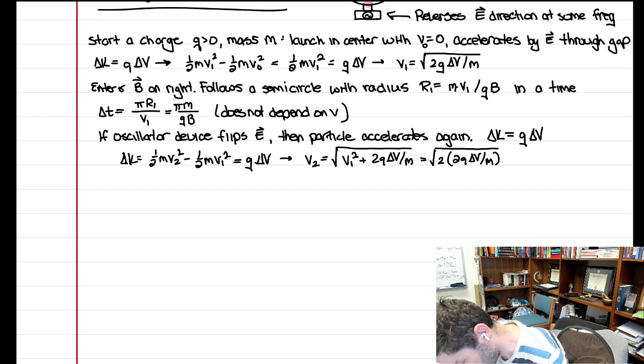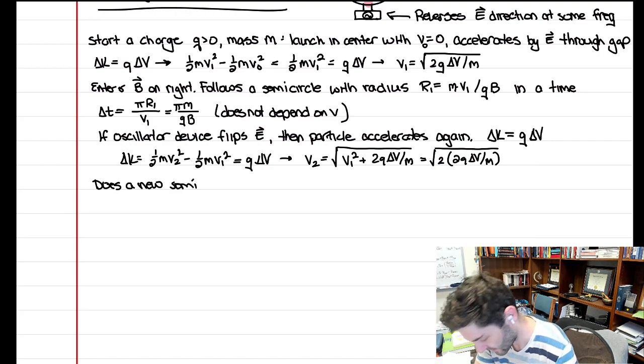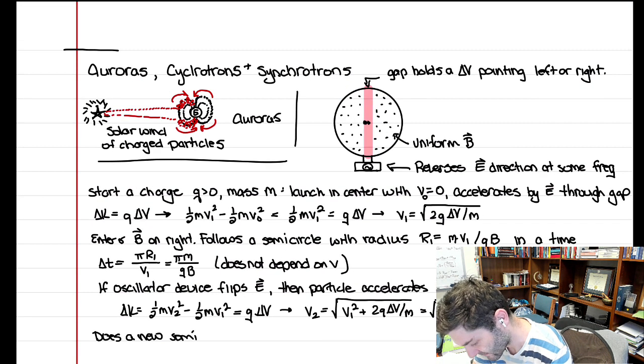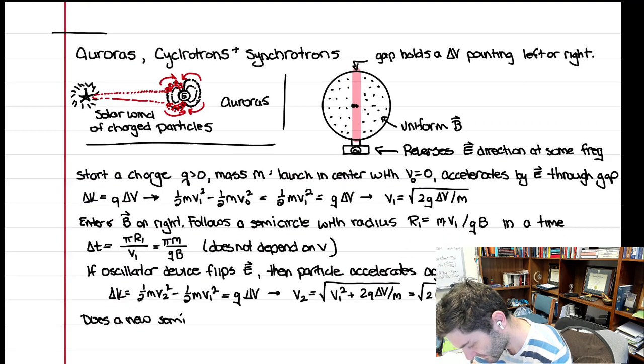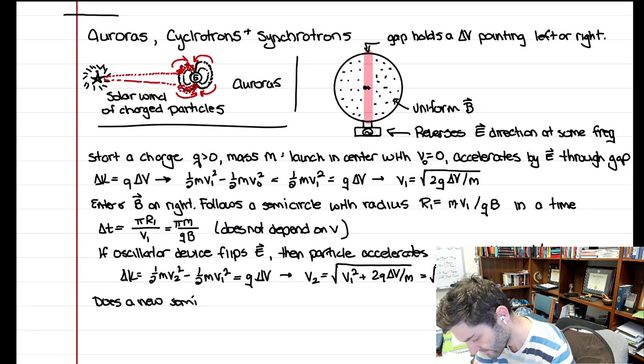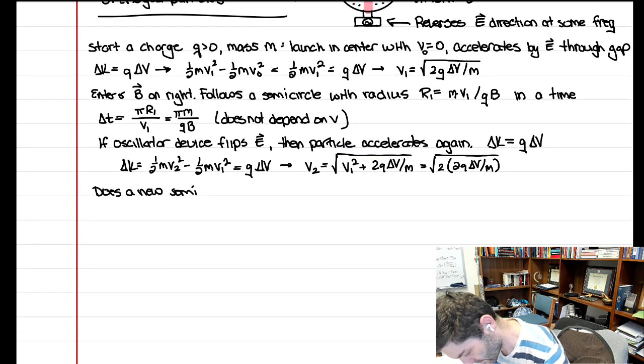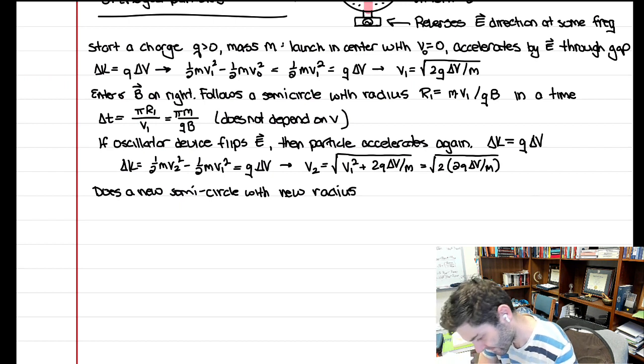So then it does a new semicircle, because now it's on the left side, the left D of the synchrotron. But now it's doing it with a new radius, because the radius does depend on the velocity.